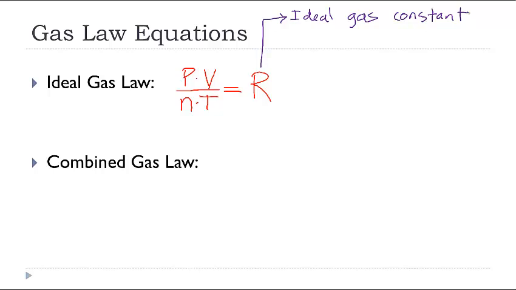So that is a number. It is on your formula sheet. The one thing you need to be careful of when you're using this equation is that R can have different units. So when using this equation, make sure that the units of R match the units of pressure that you're using. So this can be 62.4 liter torr per mole Kelvin, or it can be 0.0821 liter atmospheres per mole Kelvin.